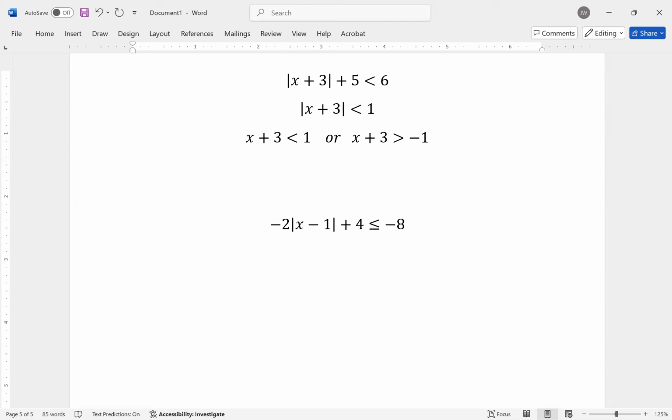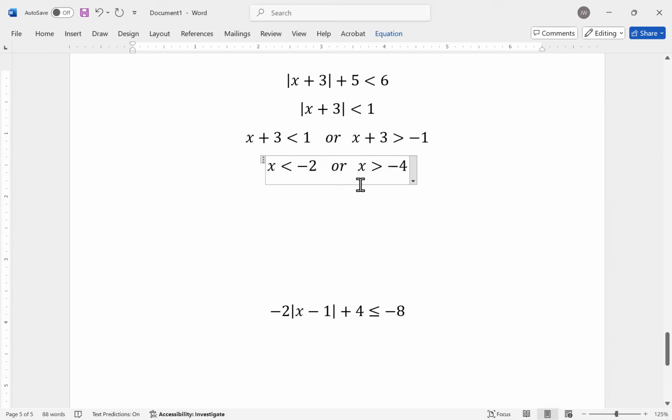Now I can subtract 3 from both sides. We end up with x is less than -2, or x, well, when I subtract 3, I get greater than -4. This or may be confusing to you.